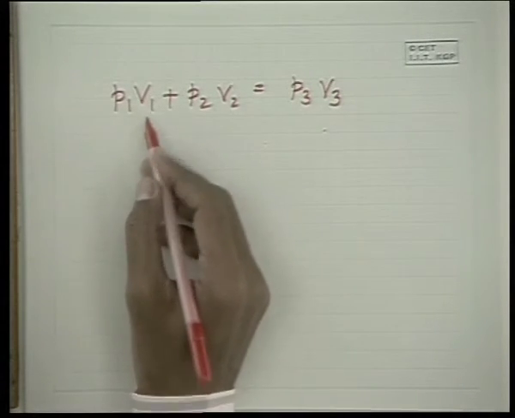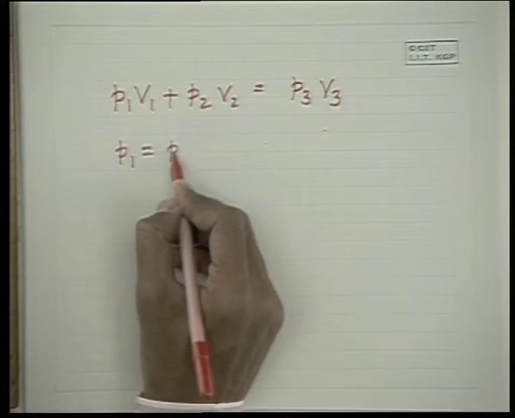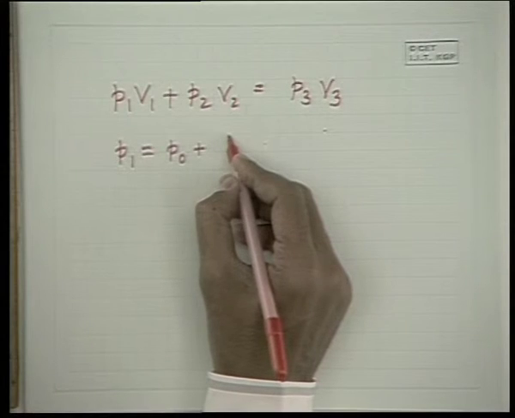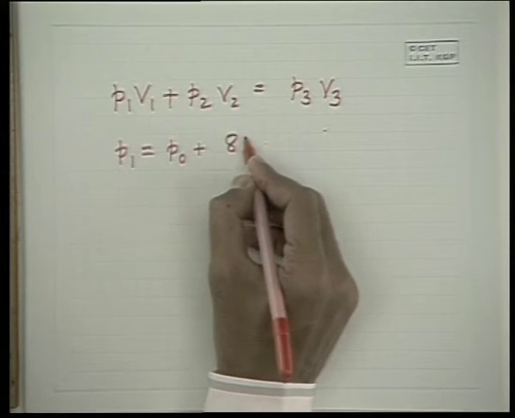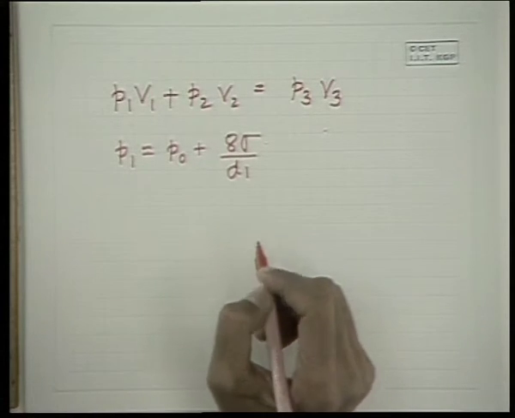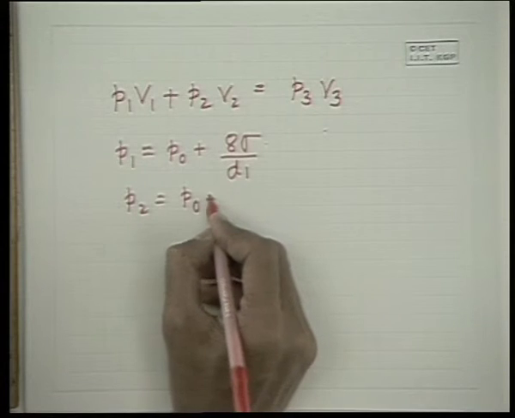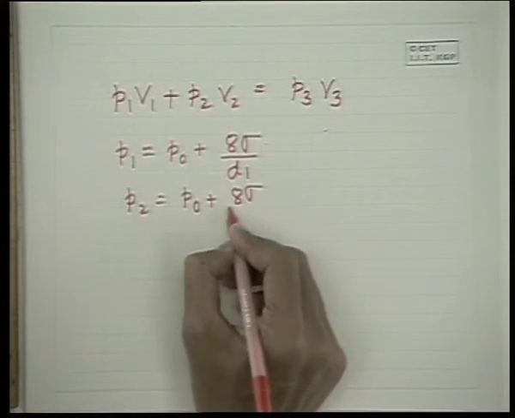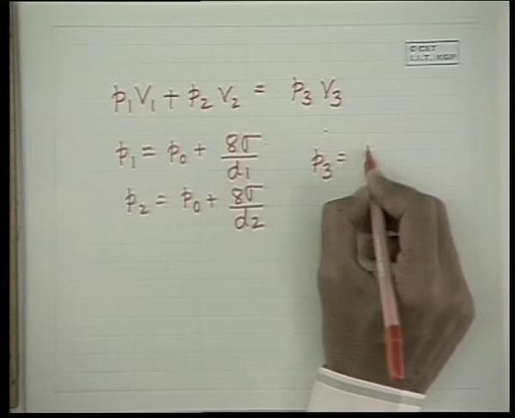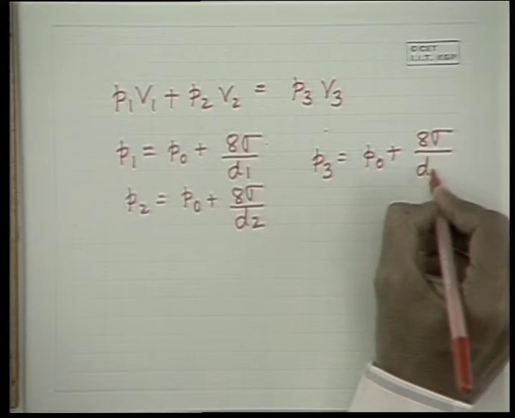Now from the surface tension concept, we can write P1 is equal to P0 plus 4 sigma by R, that means 8 sigma by D1, because it is a bubble. Similarly, we can write P2 is P0 plus 8 sigma by D2, and P3 is equal to P0 plus 8 sigma by D3.